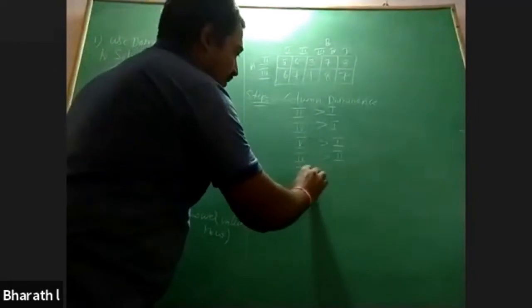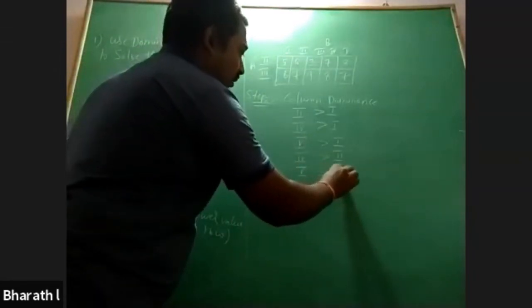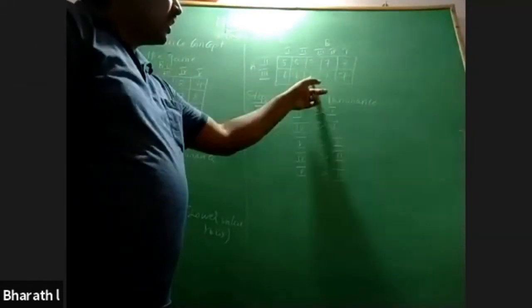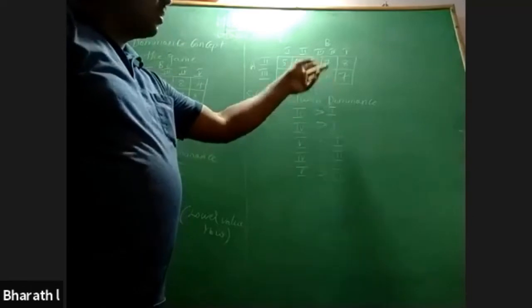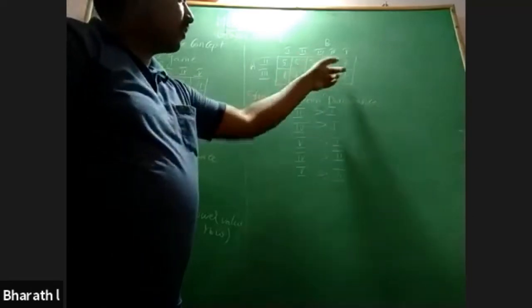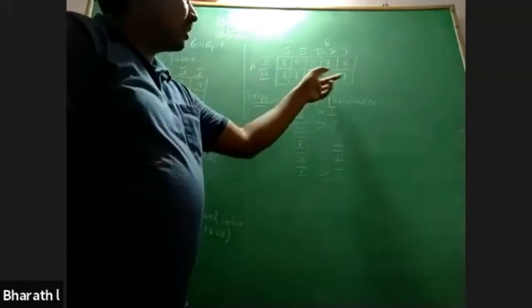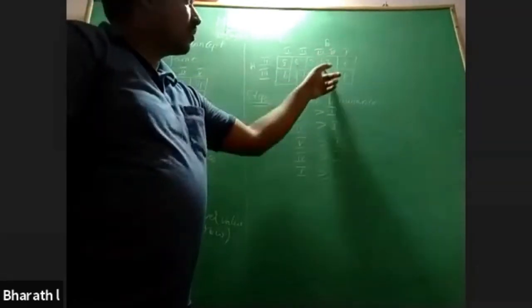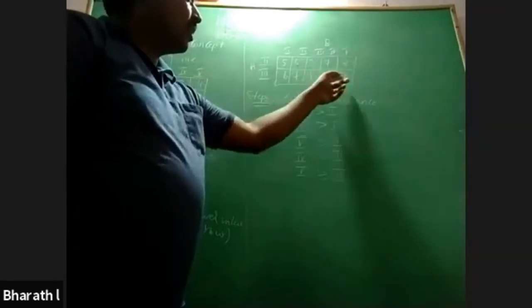Column 5 is greater than or equal to the second column. Then third and fourth: 3, 7, 7 is greater; 8, 9, 9 is greater. It's not possible. Then third and fifth: 3, 8, 8 is greater; 9, 7, 9 is greater. Then last, fourth column and fifth column: 7, 8, 8 is greater; 8, 7, 8 is greater.